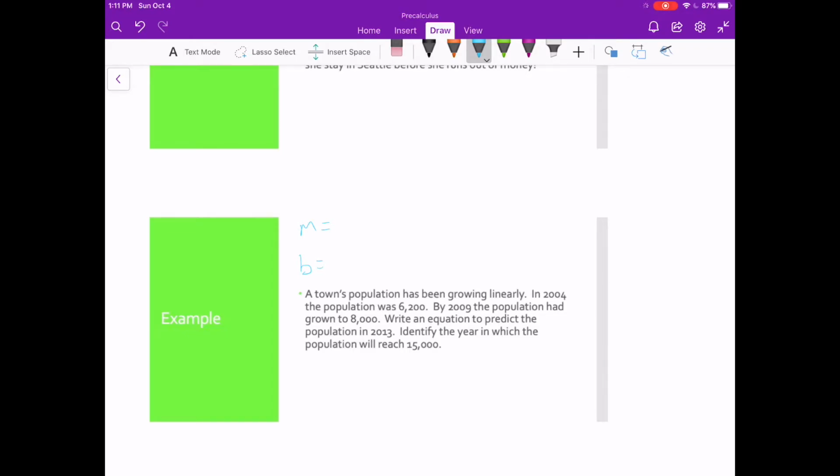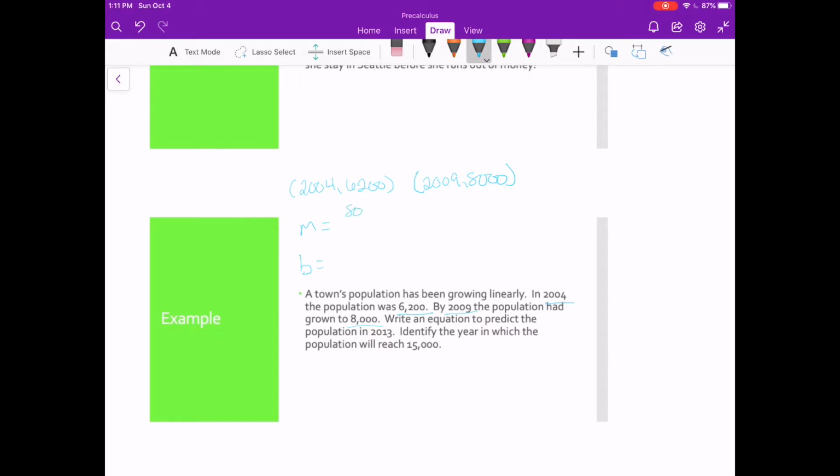Well, I see 2 points. So 2004, it was 6,200, and 8,000 in 2009. So our points are (2004, 6,200) and (2009, 8,000). So we can use our slope formula.